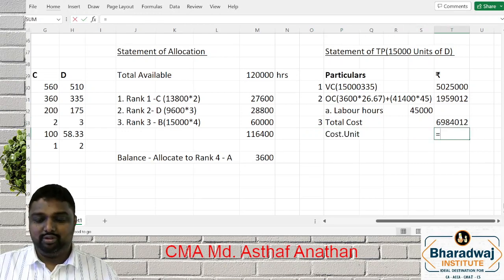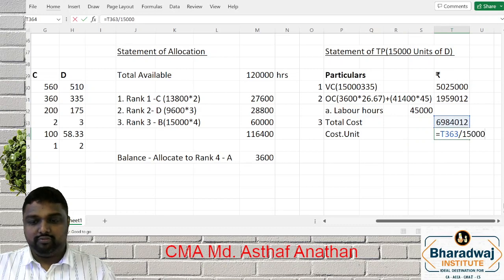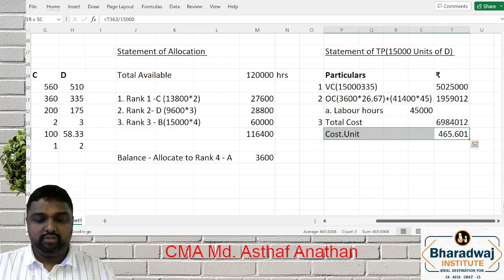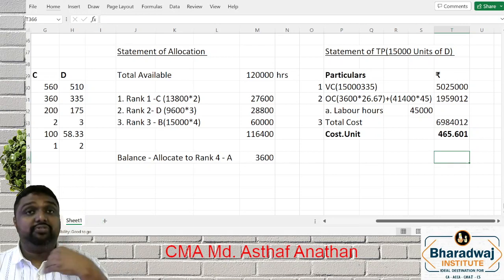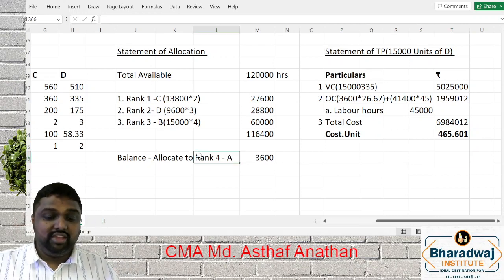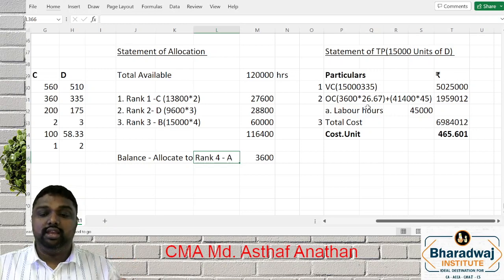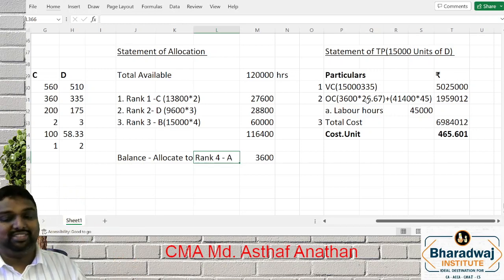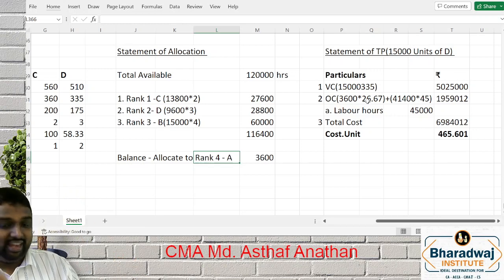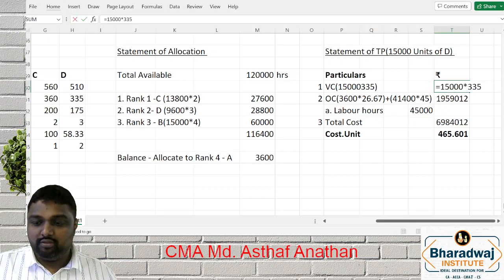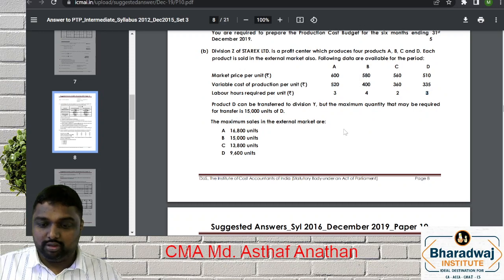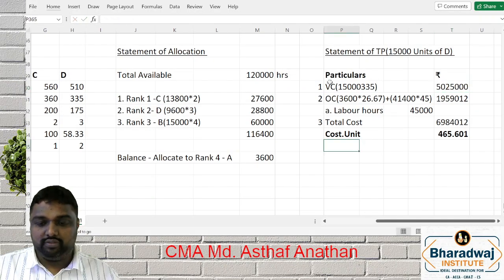How will you do it? Divide this by 15,000 units, which will be 465.61. See, on this front, my dear friends, if A already had 45,000 hours, directly 45 into 26.67. There is a small correction. 15,000 into the variable cost of 335.